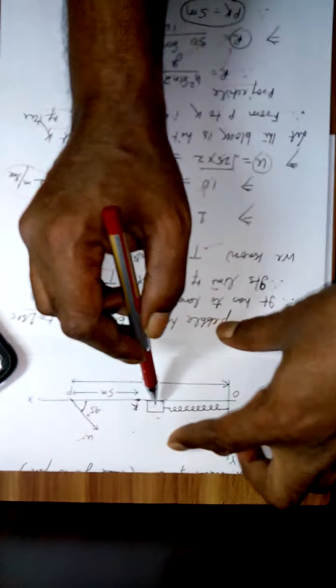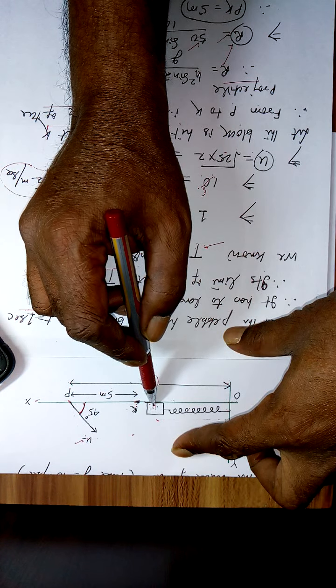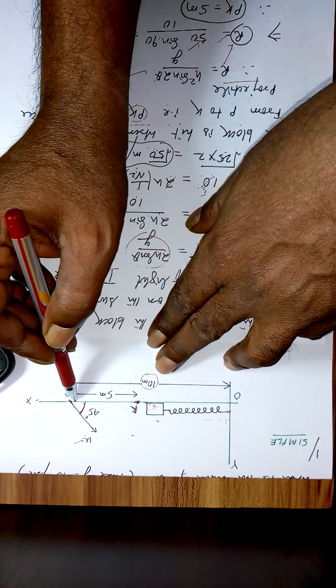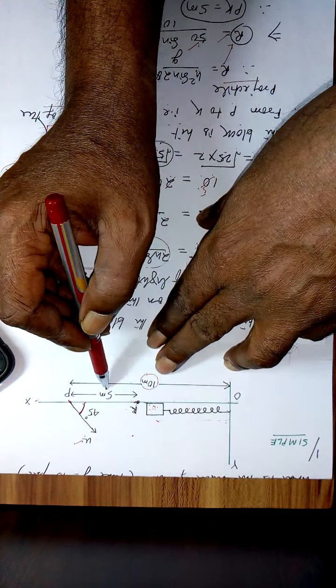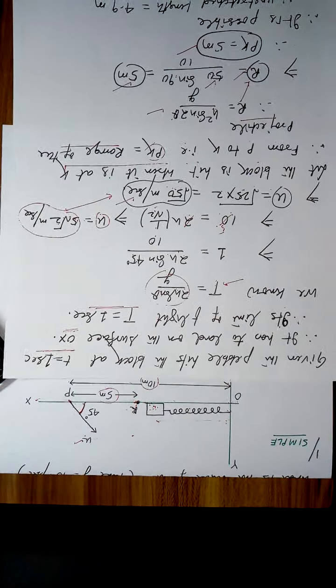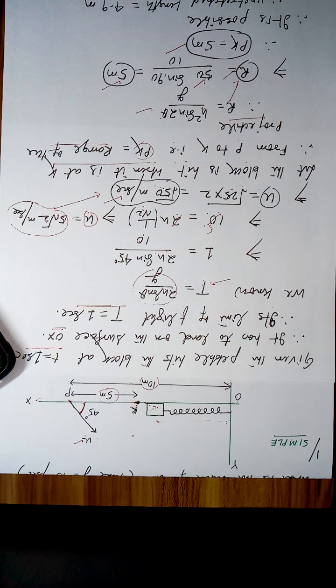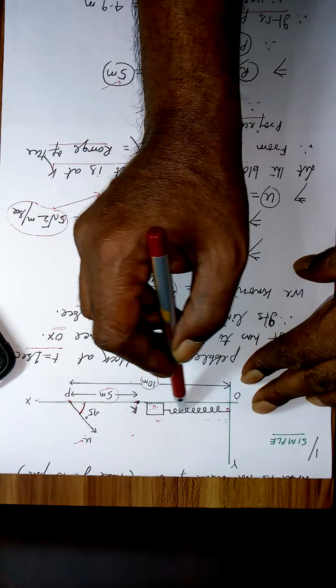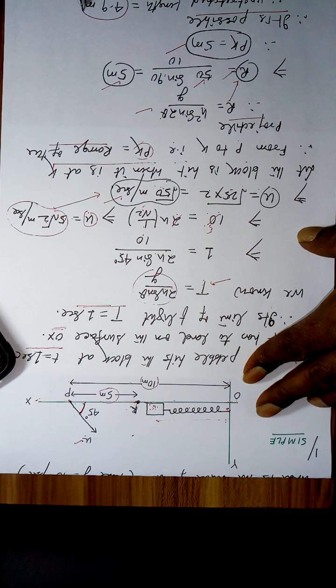So if the block is hit when it is at K, how far is this projectile traveling on the horizontal? 5 meter. Now is the tricky thing. Therefore the conclusion is, it is possible. Why is it possible? Now look, the unstretched length of the spring is 4.9 meter.